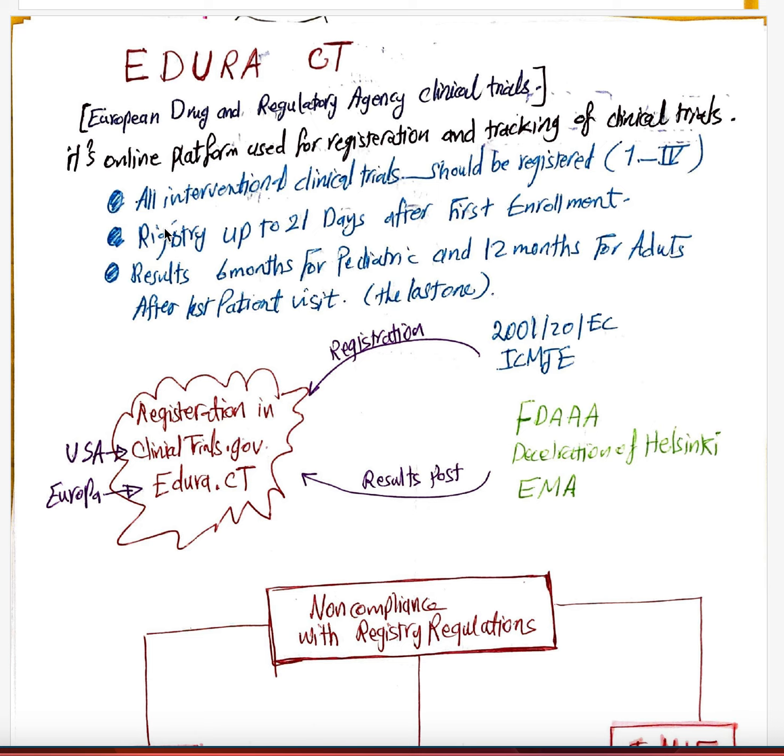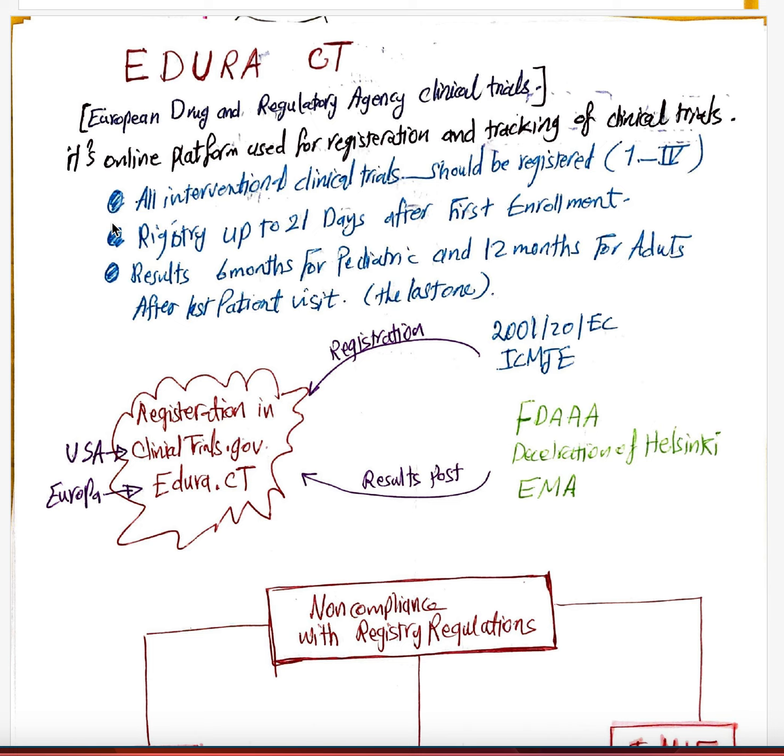And the results should be posted after the last patient visit, 6 months for the pediatric results and 12 months for the adults. These are the important things that we need to know about EudraCT. So EudraCT, which is the European Drug Regulatory Authorities clinical trial, is actually an online platform for the registration of a clinical trial.